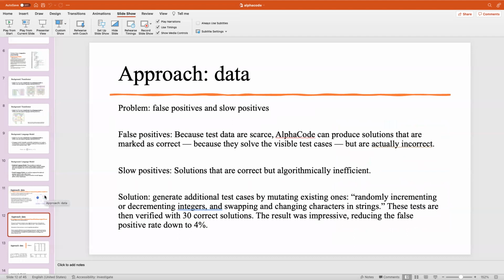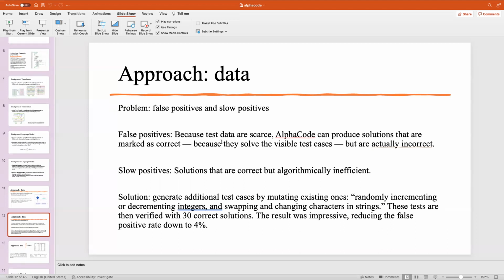For selecting the data, the DeepMind team found there are some problems with the original data collected. The problem is the false positives and the slow positives. False positives means some solutions in the training data of the problems are actually wrong, but since the test cases are only limited, they are tagged as correct in the training data.